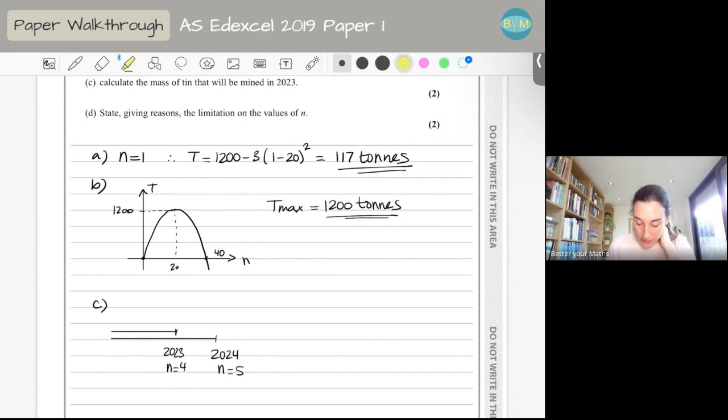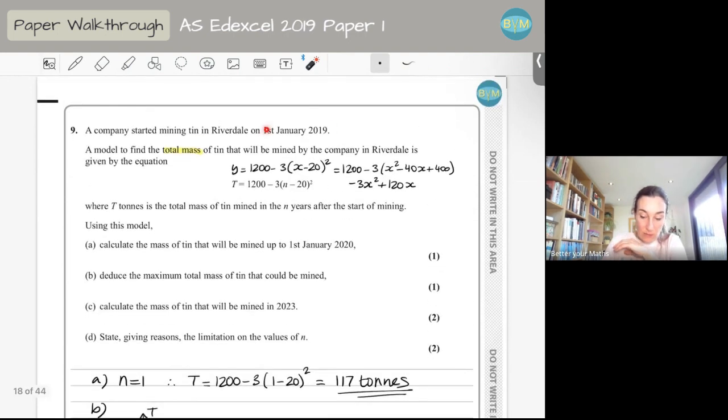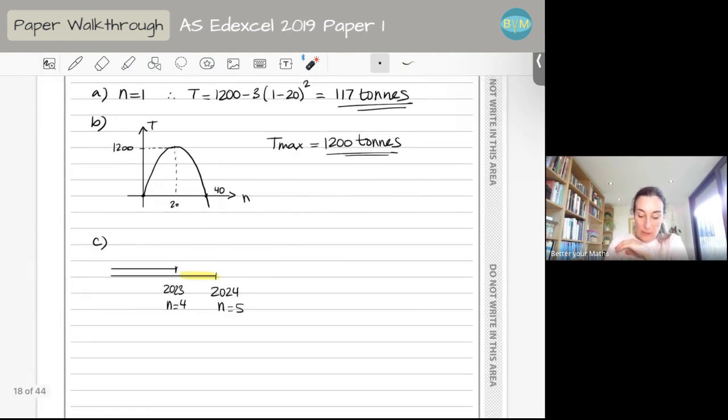And what we want is what happens in 2023, which is from January 2023 to January 2024. Yeah, we are working with 1st of January of each year. So it's going to be the difference between M5 and M4 because M5 is January 2024 and M4 is January 2023. Does it make sense? Do you understand why I'm doing that?